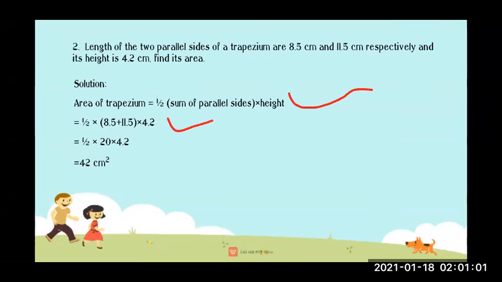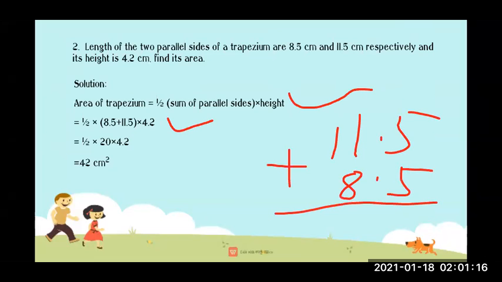Now here, as we add 11.5 plus 8.5, what will you get? 5 plus 5 is 0, 8 plus 1 is 9, 9 plus 1 is 10, then 2. After that 0 will cut, so what will remain? 20. So that is why I have written 20 multiplied by 4.2.